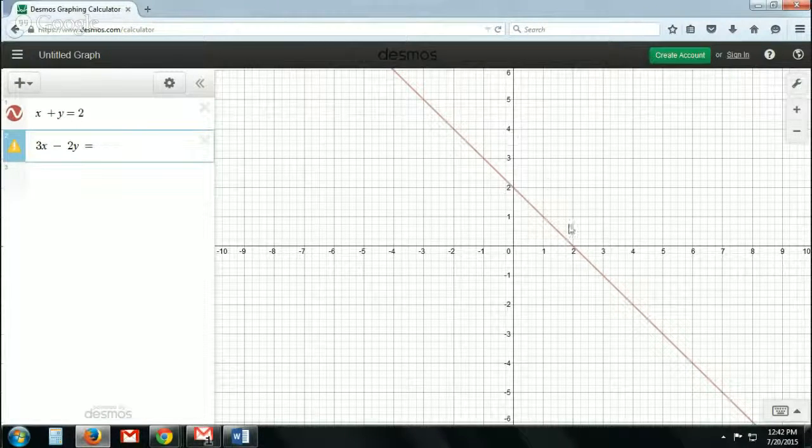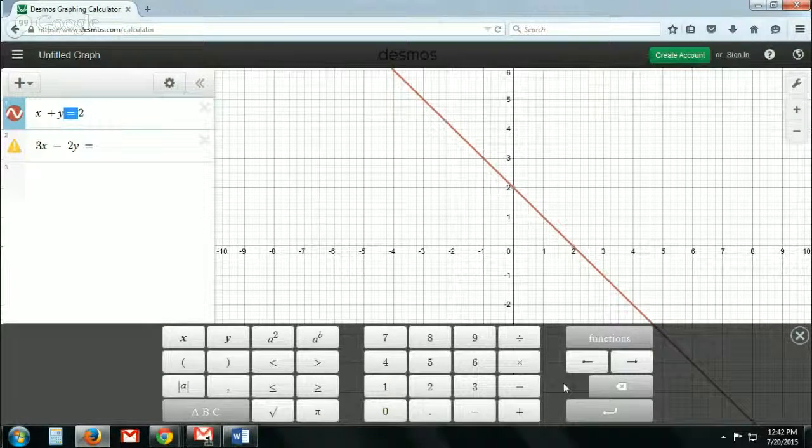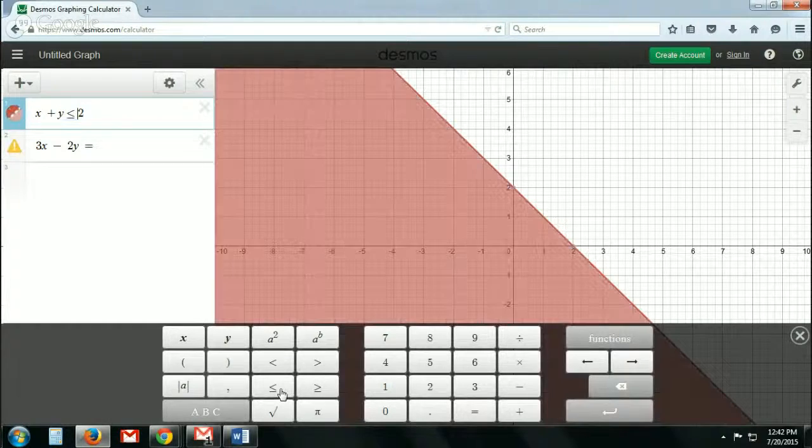Now, I've already drawn here x plus y equals 2. And 0, 0 here is where it would be. So when we change it to an inequality, we're going to shade this side. Let's make that change, switching it from equals into being an inequality less than or equals.